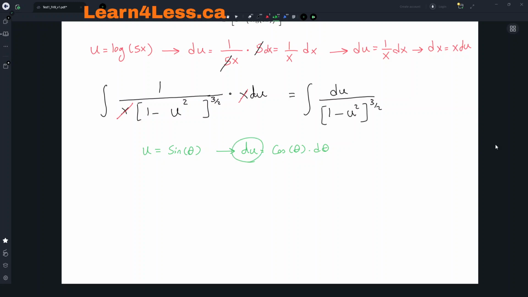So we want du, we have it here. Perfect. Now I can rewrite the integral. Instead of du, I have cosine of theta d theta on top, and the denominator would be (1 minus sine squared of theta), all to the power of 3 over 2.